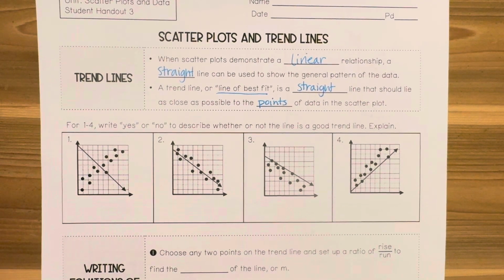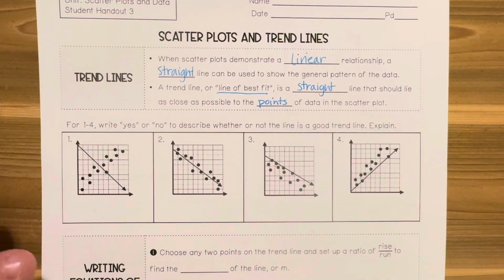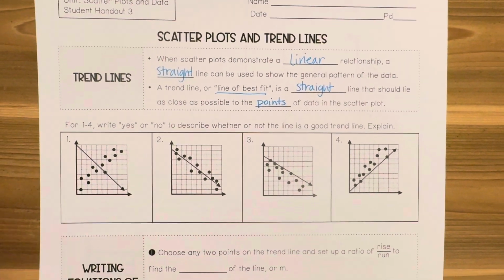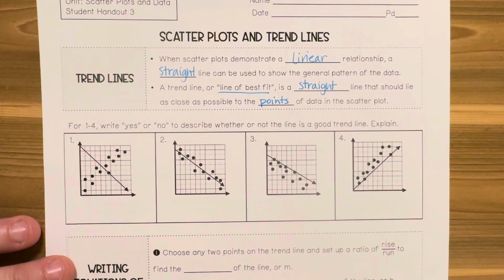There may be sometimes where it does, but there may be sometimes where it doesn't actually pass through any points at all. You're looking to have about the same number of points, not exactly, but about the same number of points above and below that trend line. Okay, so you're making sure it's going right through the middle.